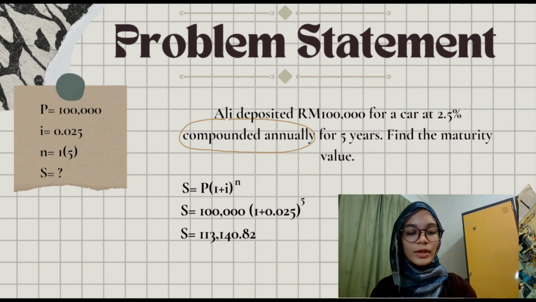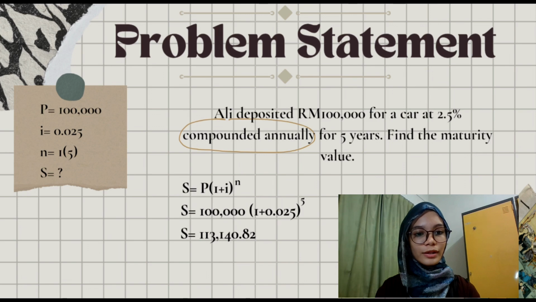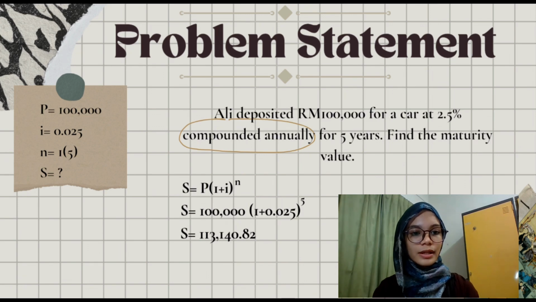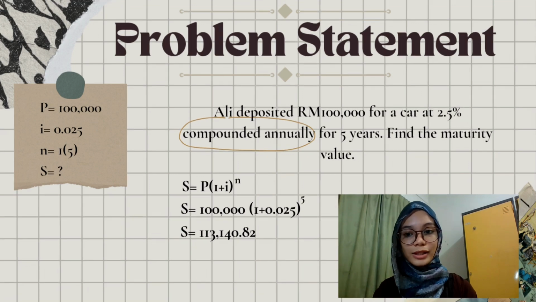So we are using this formula, which is S equals to P in parenthesis 1 plus I with the power of N. So we put in all the information in the formula. S equal to 100,000 in parenthesis 1 plus 0.025 with the power of 5. So you will get 113,140 ringgit and 82 cents.